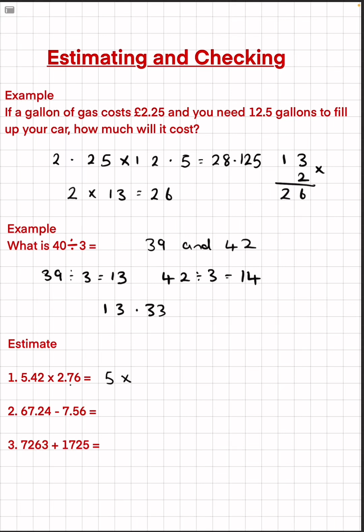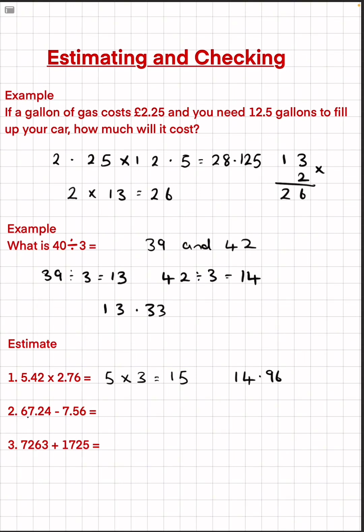The digit after the decimal point is 7, which is greater than 5, so we're going to round up to 3. 5 times 3 equals 15. If we put this calculation into a calculator, the actual answer is 14.96, which is quite close to our estimated answer.